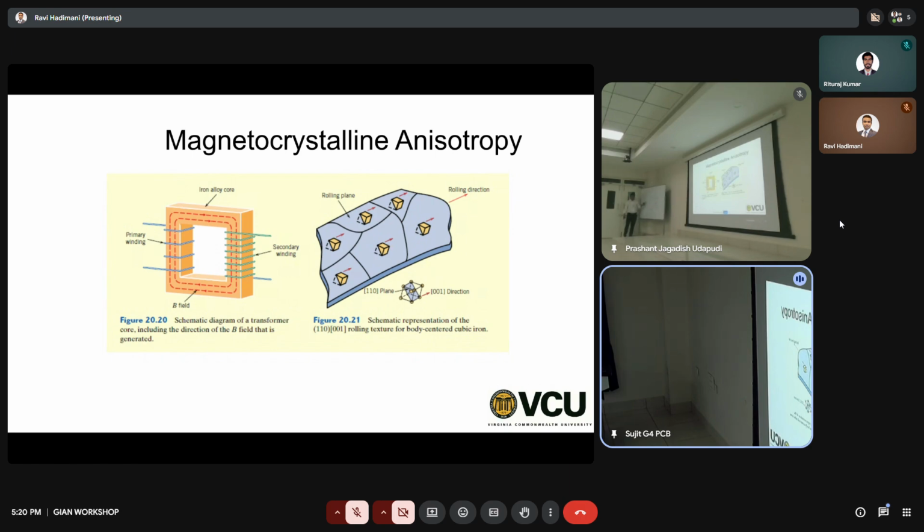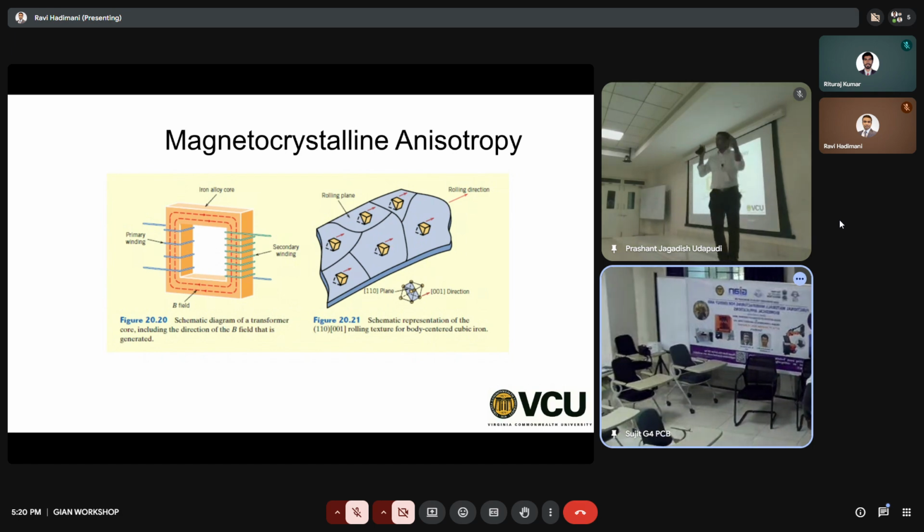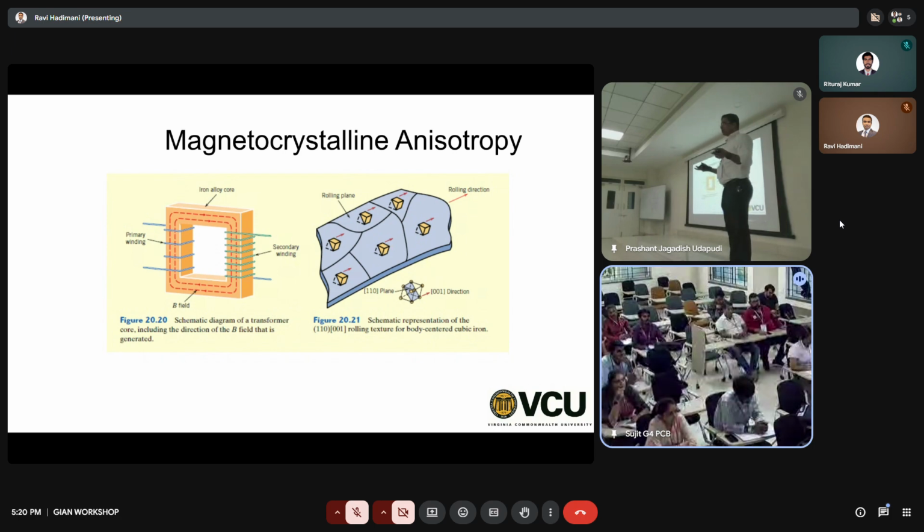So we can make use of this texturing. If we can grow a single crystal, that's perfect, but we know that growing a single crystal is very difficult. So what you do instead is the crystals might form, but you somehow make the crystals orient in one direction. You still have crystals or grains, but you can use certain rolling techniques, or you can cool it.